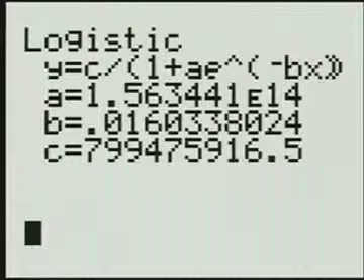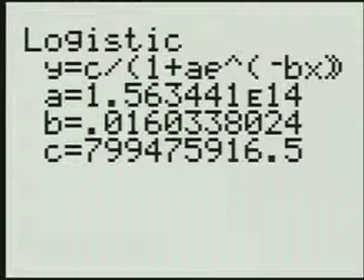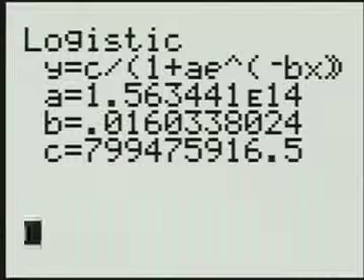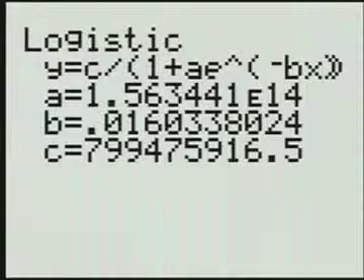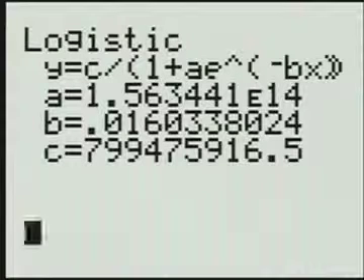What we can see there is that the logistic function is y equals 799,475,916.5, that's the value of C displayed, divided by 1 plus 1.56 times 10 to the 14th power, that's the value of A, times e to the negative 0.0160x.